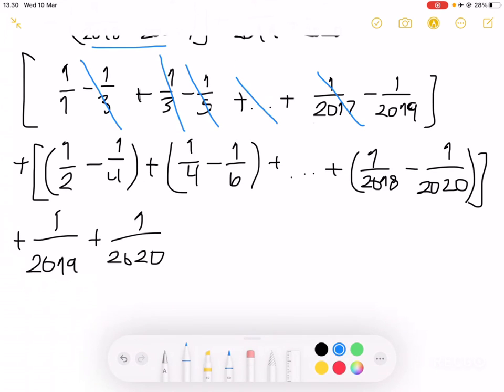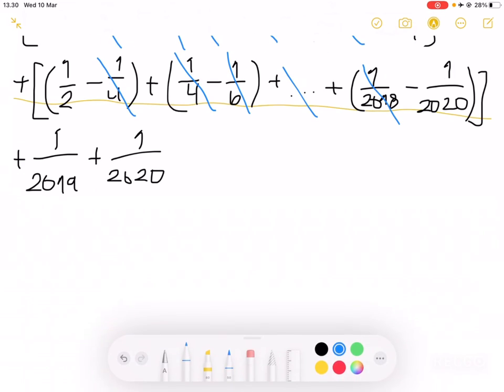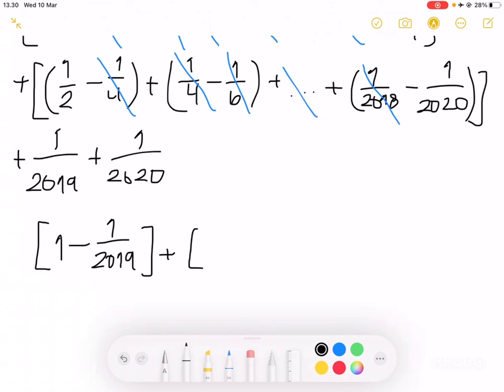So likewise, we can just do the same here. We can just cancel this and cancel this, cancel this and cancel the whole thing in dots, and then this whole thing in dots will cancel with 1 over 2018, leaving us with the first part being 1 minus 1 over 2019 plus 1 over 2 minus 1 over 2020.